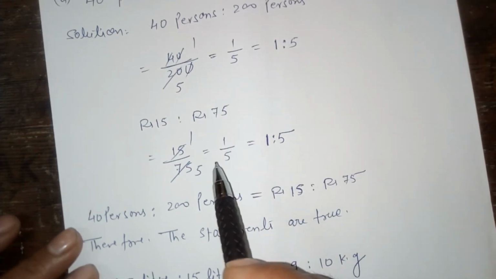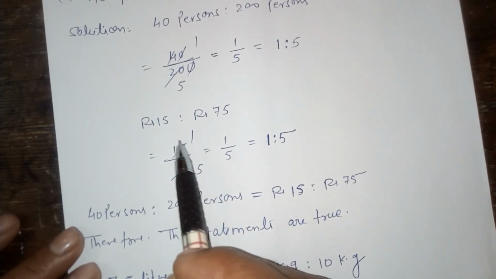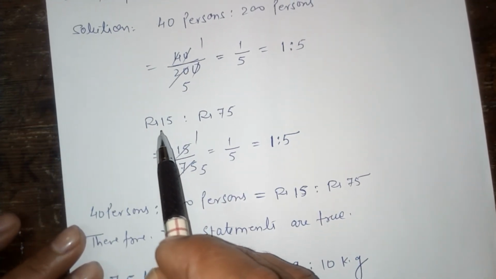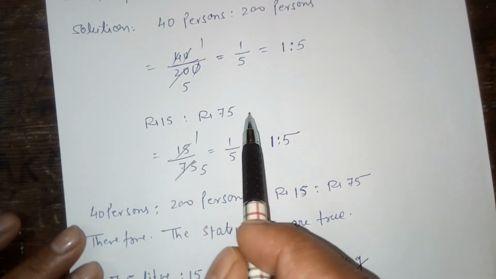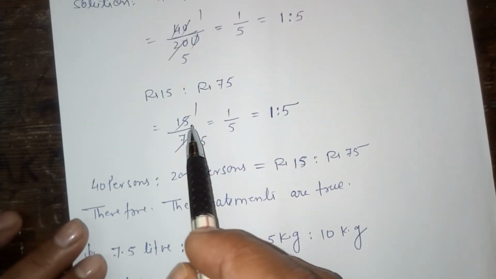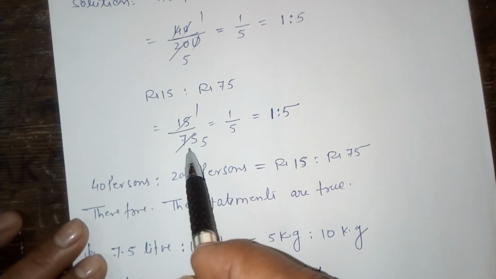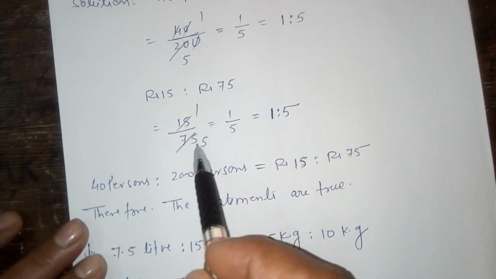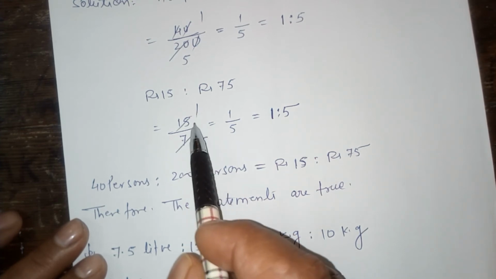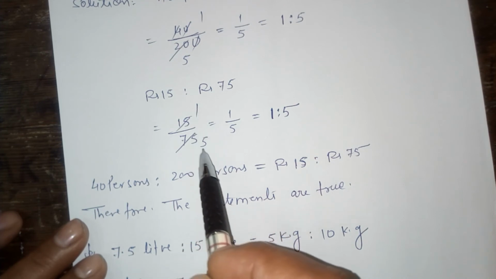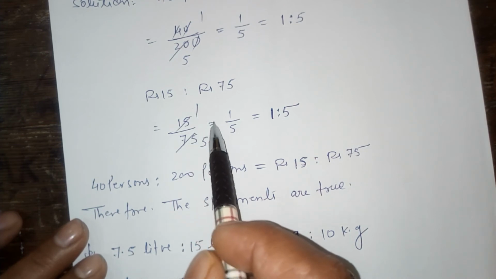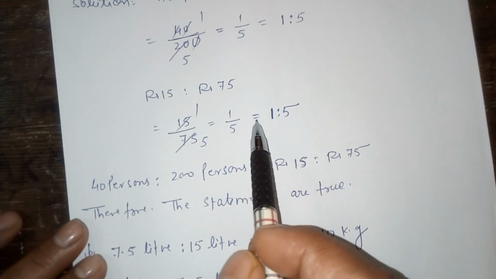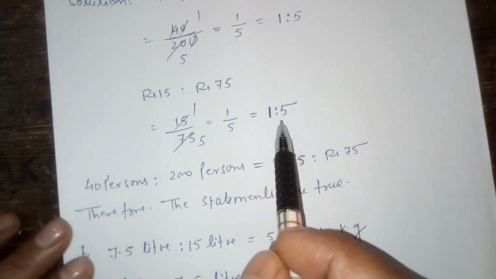Now again we will find out the ratio of rupees 15 is to rupees 75. So it will give you 15 upon 75. 15 1s are 15, 15 5s are 75. It will give you 1 upon 5, which is 1 is to 5.